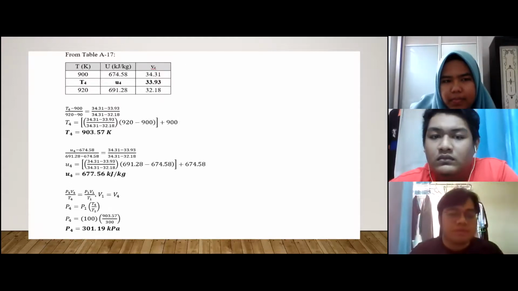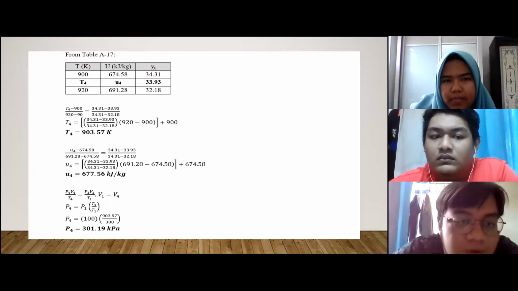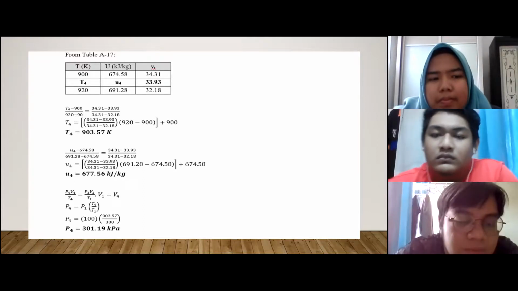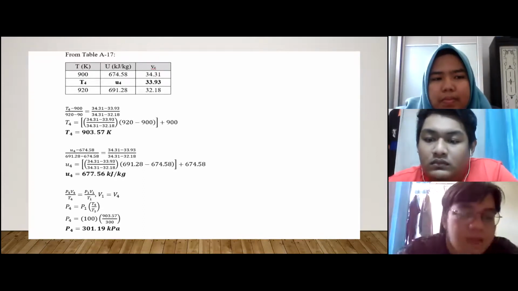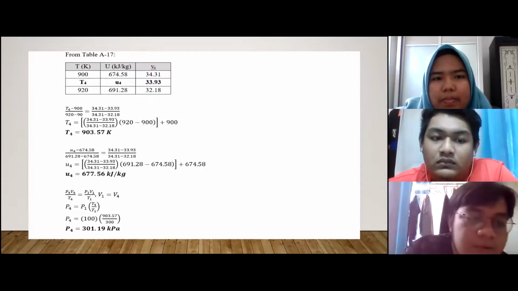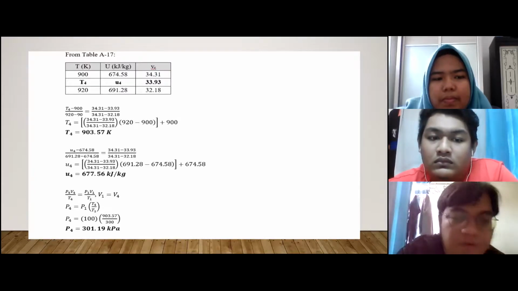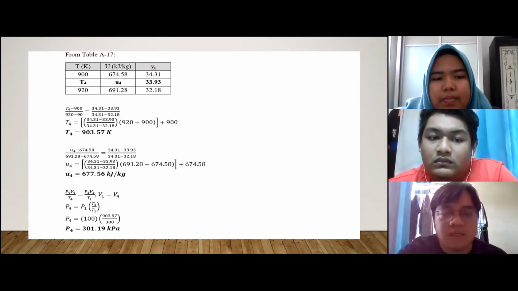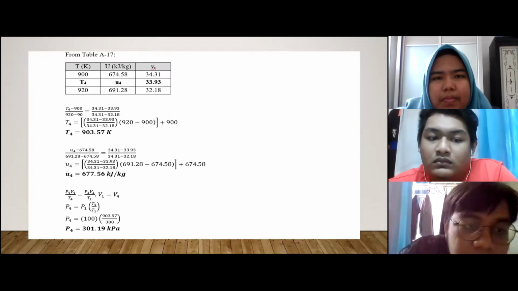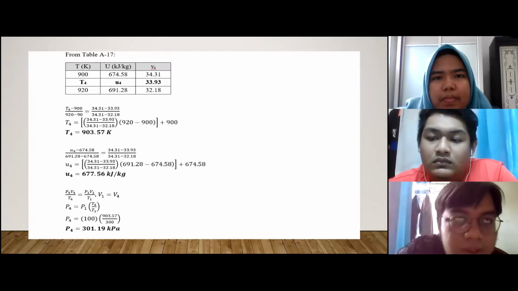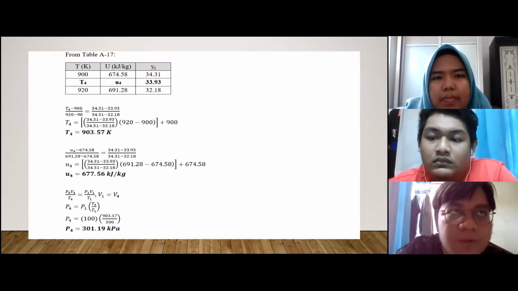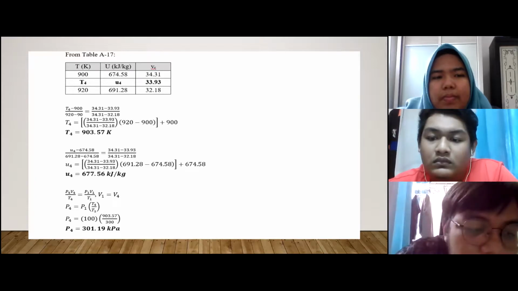So from we get VR4, so we must calculate the temperature and U4. Why do we need to calculate U4? Because we're going to use it in W net, which is the formula of Q out.